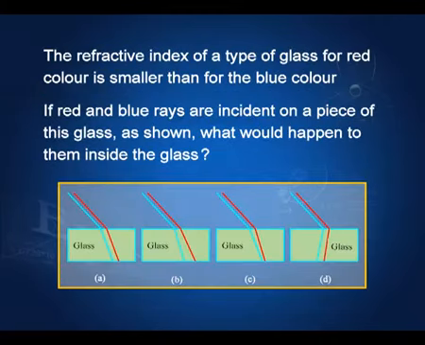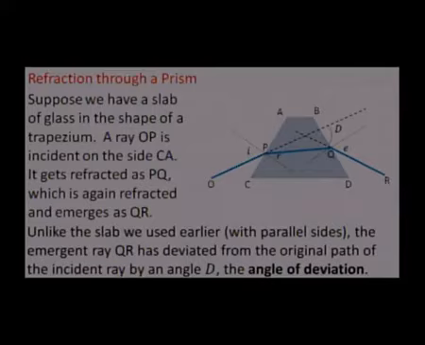In the case of a rectangular slab, the incident ray and the emergent ray are parallel, but not in the case of a slab like this. And the angle between the incident ray and the emergent ray is this angle d. This angle is called the angle of deviation.